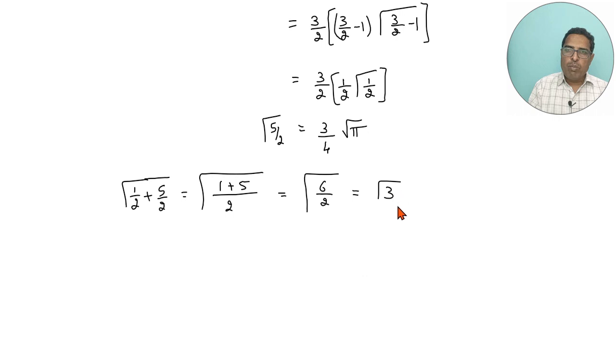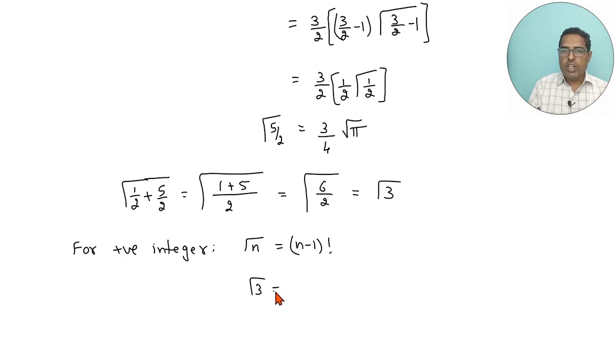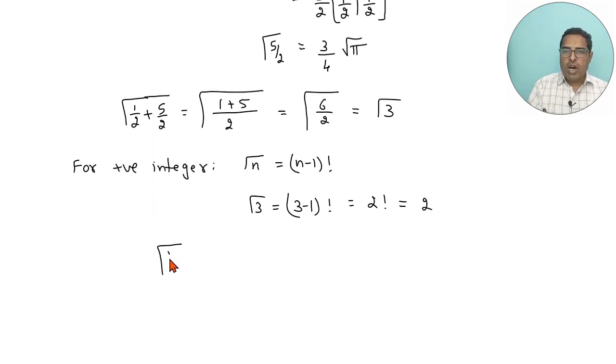Whenever you have a positive integer, we have gamma of n equal to n minus 1 factorial. So gamma of 3 will be nothing but 3 minus 1 factorial, which is 2 factorial. 2 factorial is 2. So gamma of half plus 5 by 2, we got that value to be equal to 2.